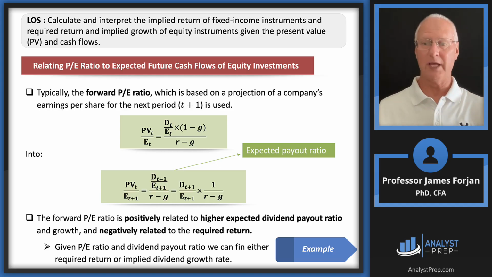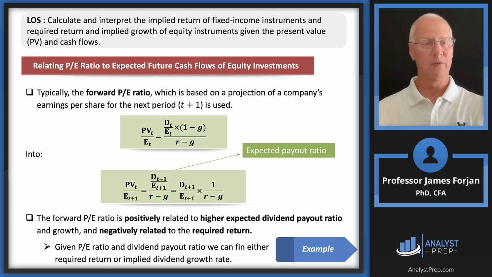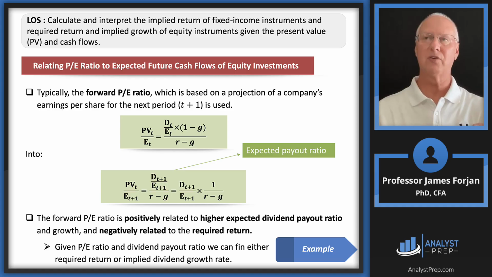Forward PE ratio is positively related to higher expected dividend payout ratios and growth, but it's negatively related to the required return. Oh, wow. This makes a lot of sense. So what was I saying just a moment ago? Throwing in earnings, whether it's current earnings or expected earnings, like in these two in the bottom green box there, gives us a better understanding of the interworkings of those variables.